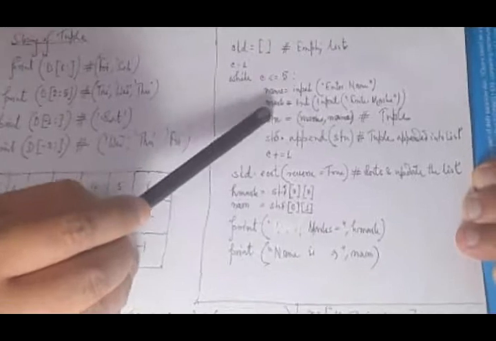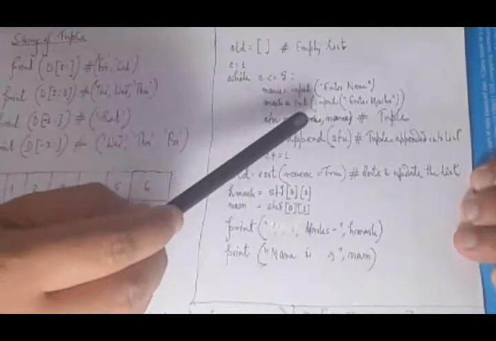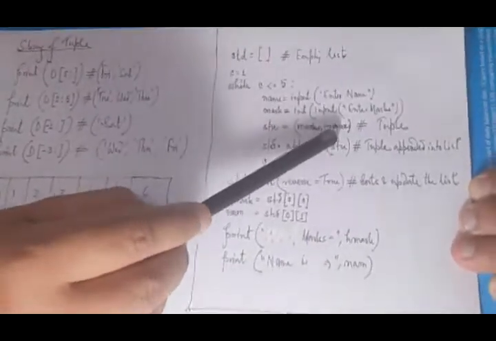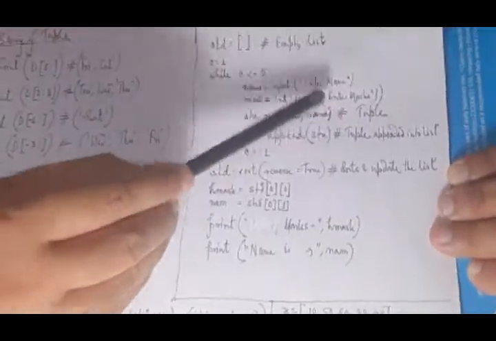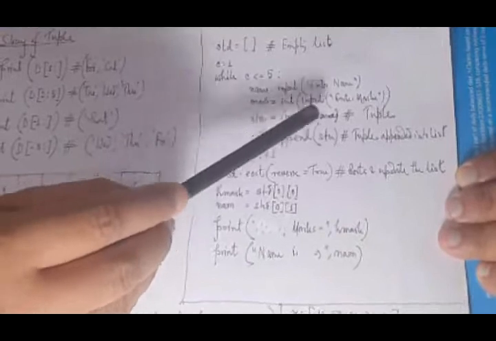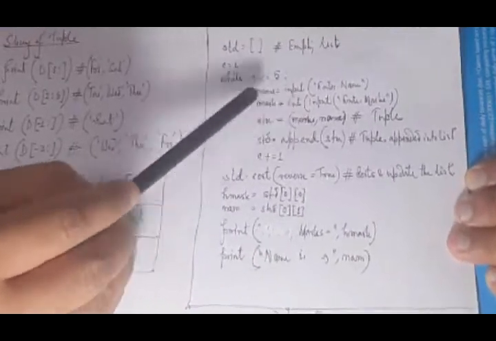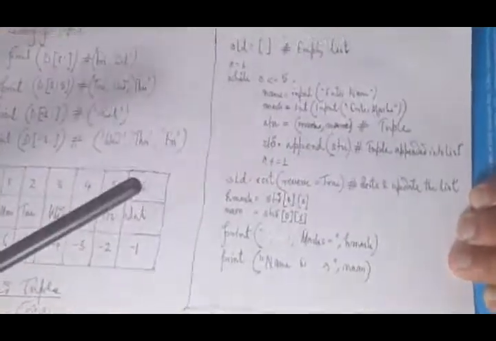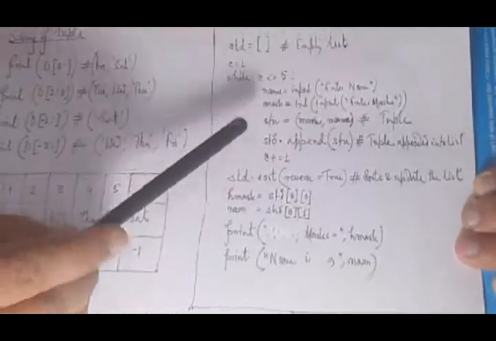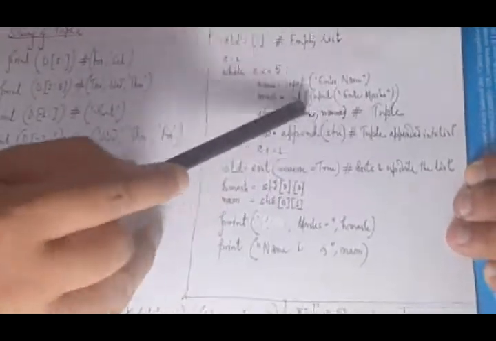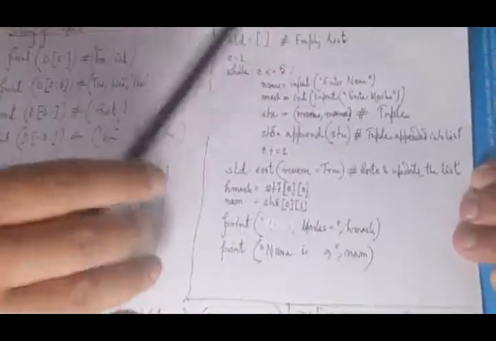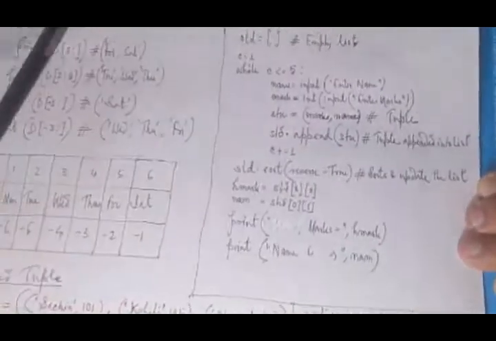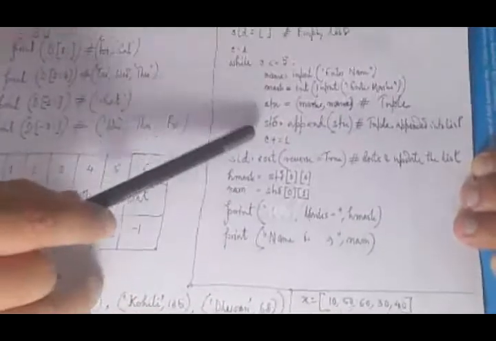STU is a tuple: marks comma name. So it is a tuple. The first variable carries the marks, the second variable carries the name. So one by one tuple will be created, 5 times, 5 sets of tuples, so multiple tuples, nested tuples.